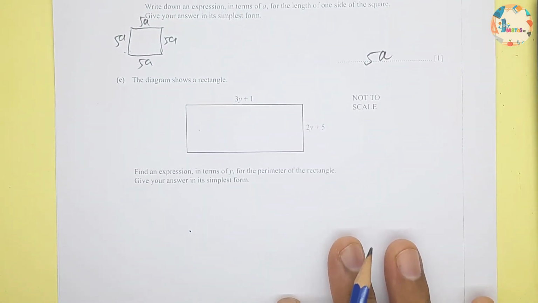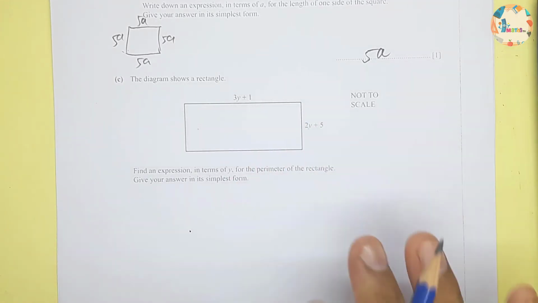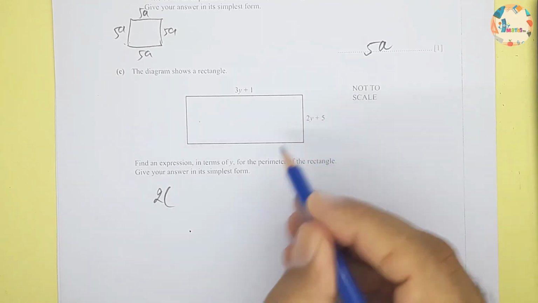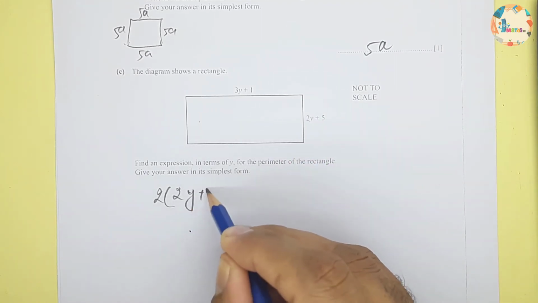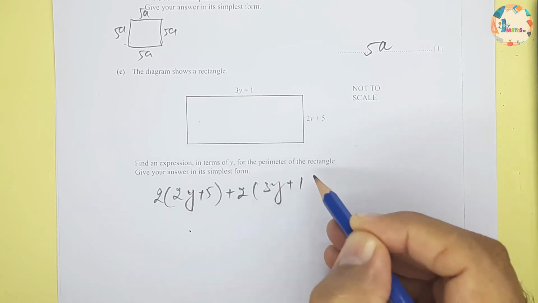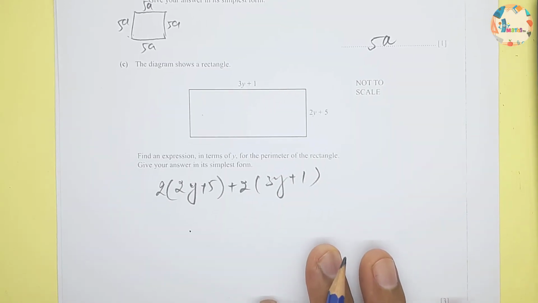The diagram shows a rectangle. So this is the rectangle. Find an expression in terms of y for the perimeter of the rectangle. So 2 into (2y plus 5) plus 2 into (3y plus 1).